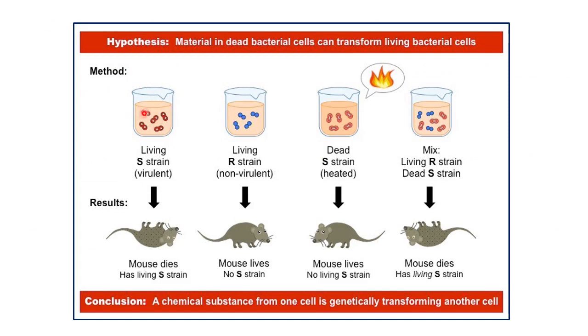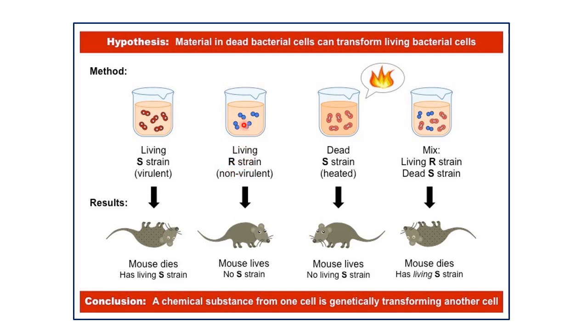This beaker shows the colonies of the S strain that is causing disease, and whenever these S strain pneumococcus bacteria are injected in a mouse, they cause pneumonia and this mouse dies.